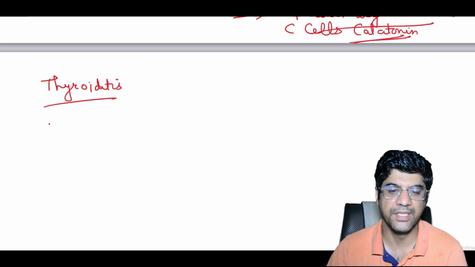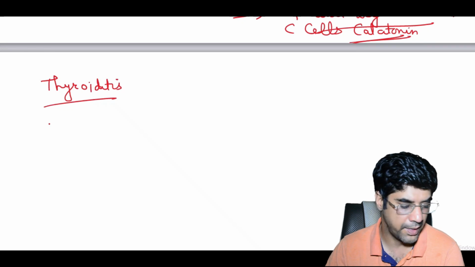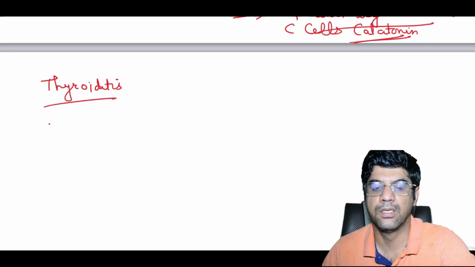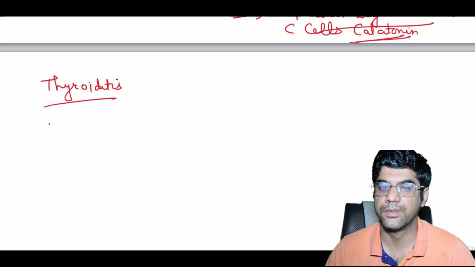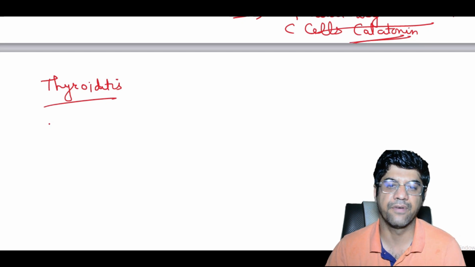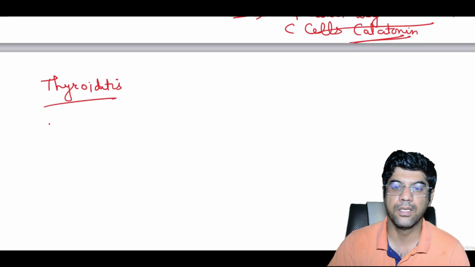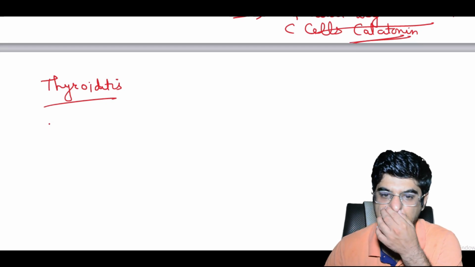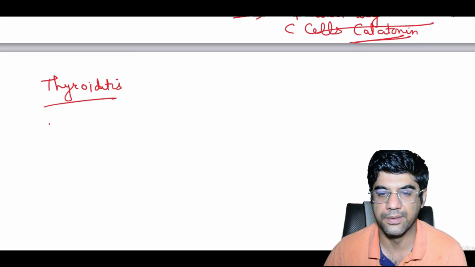So here you will see granulomatous infiltration. Autoimmune thyroiditis is also known as Hashimoto thyroiditis. Other cause could be Riedel thyroiditis. It is a rare fibrosing disorder of the thyroid gland. Other rare cause of goiter could be acute bacterial thyroiditis, thyroid cyst, etc.